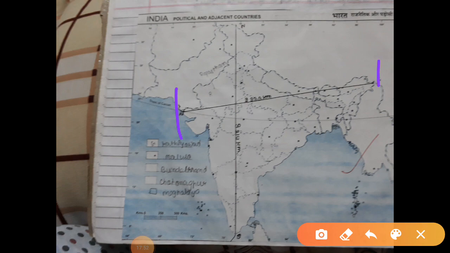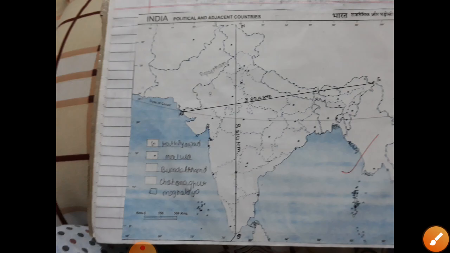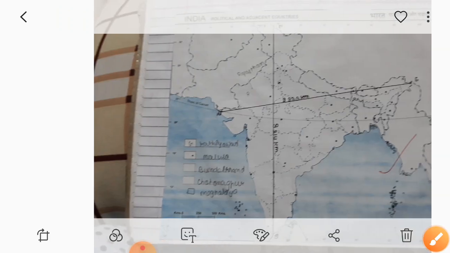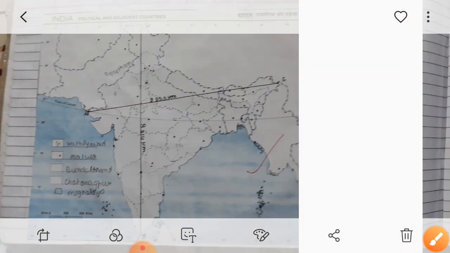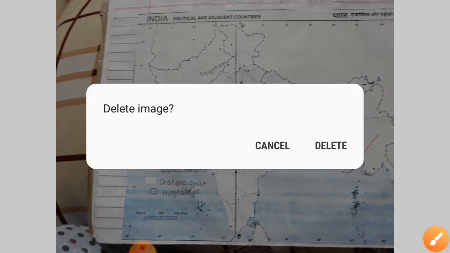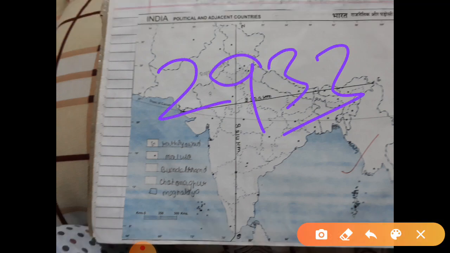This point and this point. Yes, the distance is 2933 kilometers from east to west.